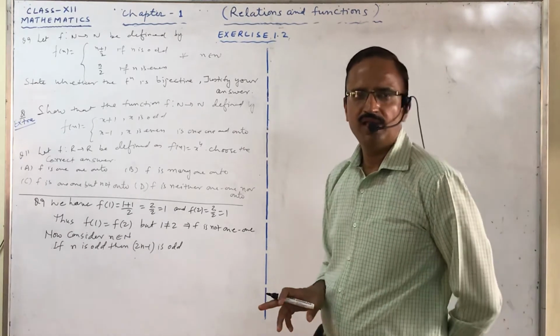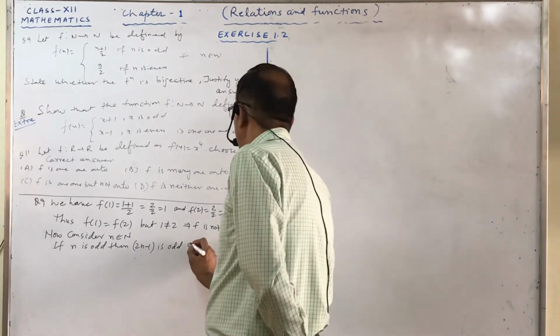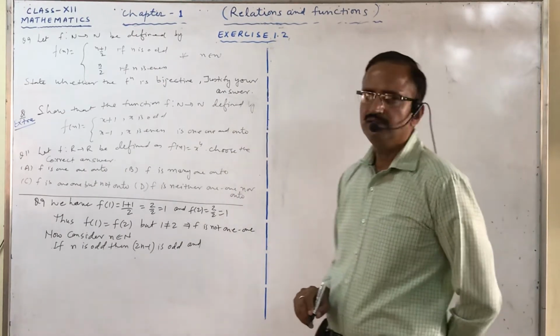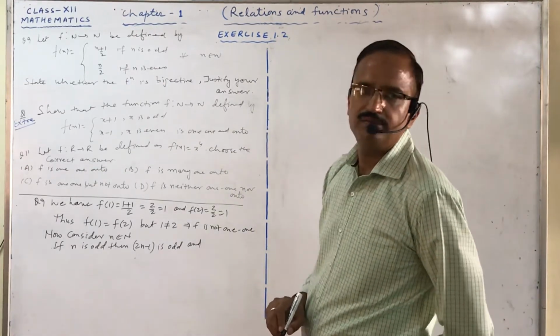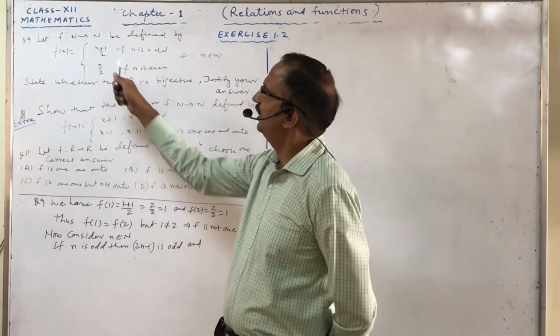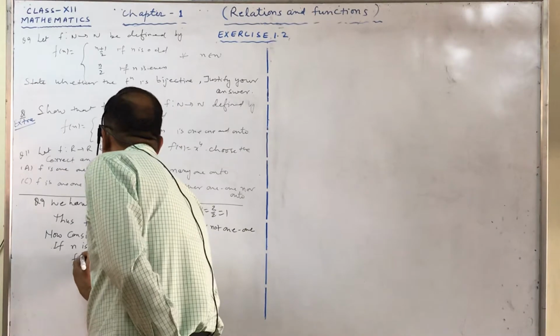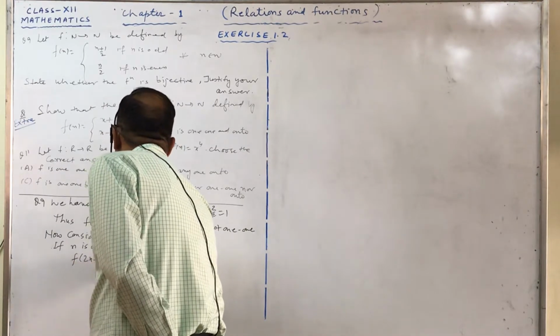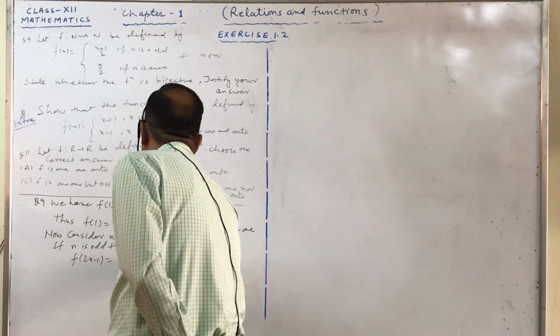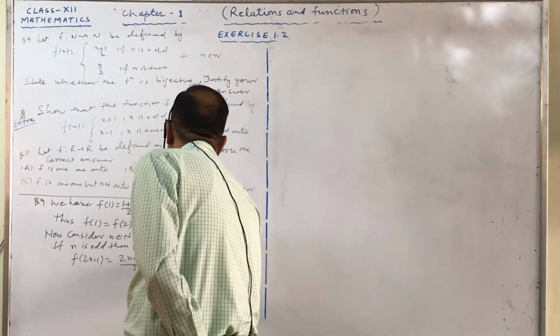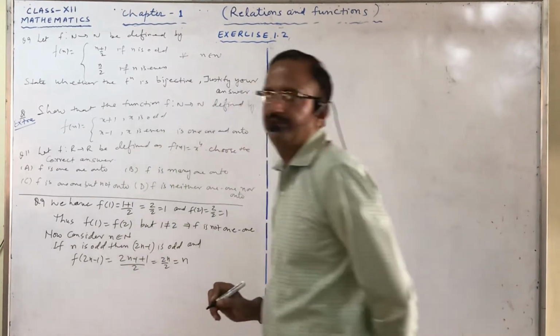Okay? And when it is odd, then we will put the value in which function? In the first function. So we can write f of (2n minus 1) equals (2n minus 1 plus 1) by 2, and this is 2n by 2, simply n.